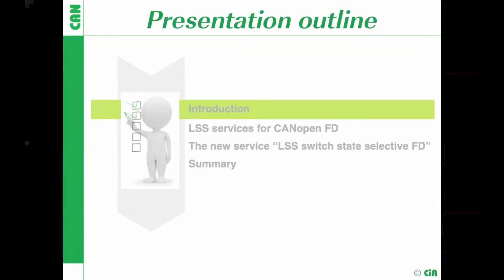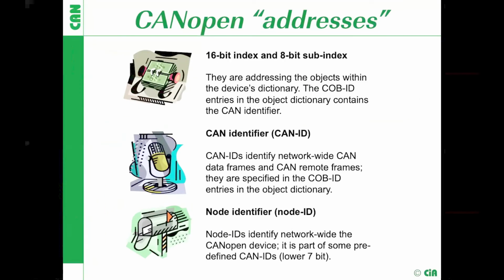At first, there is some relevant basic knowledge. In CANopen networks, there are three sorts of addresses. The 16-bit index and 8-bit subindex are the addressing for the objects in the device object dictionary. The addresses contain specific parameters. For example, CiA 301 defines some addresses for COB-IDs for different services.